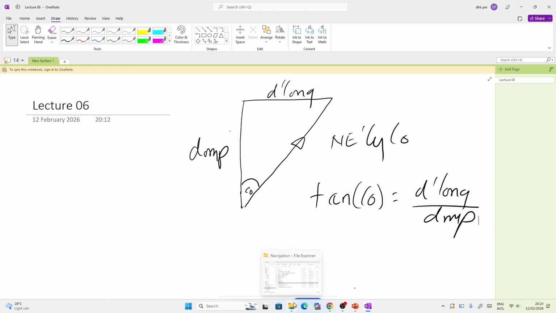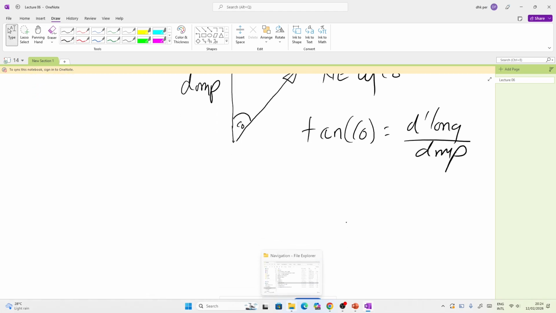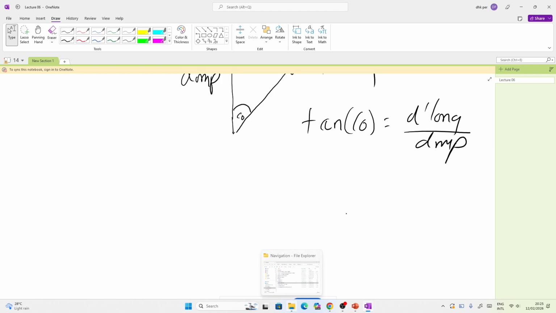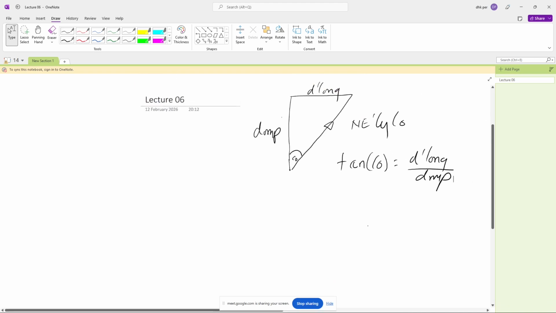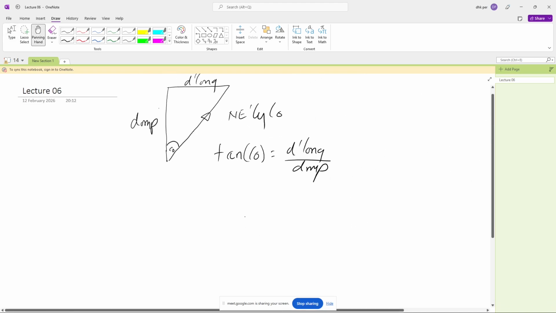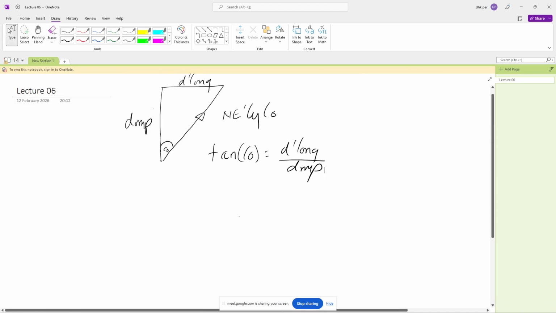Last time I clearly showed you what a meridional part is; you can go back to the previous lecture for a quick recap. So in Mercator sailing, this is the formula you have to use: tan course equals D long divided by DMP.